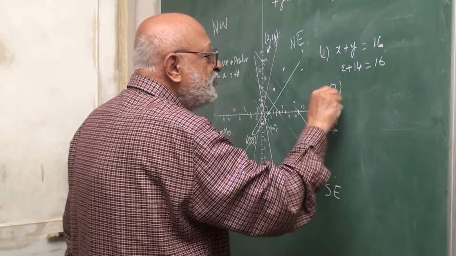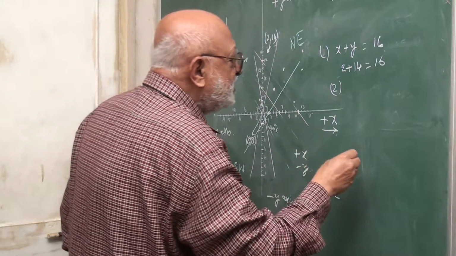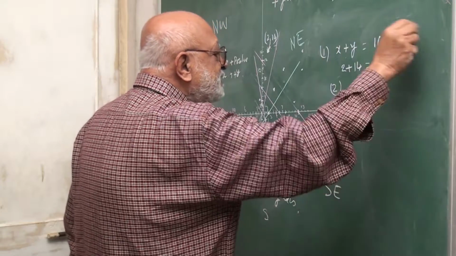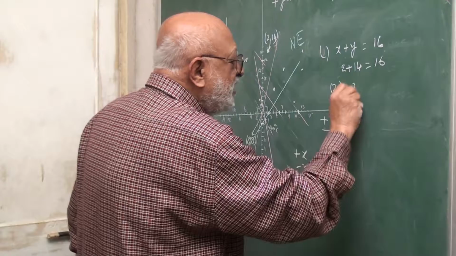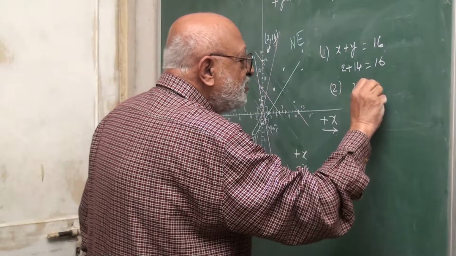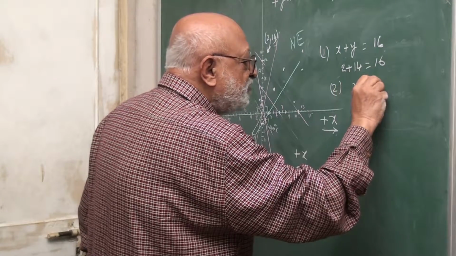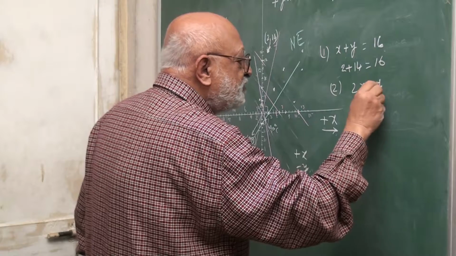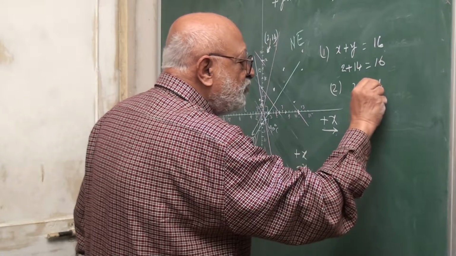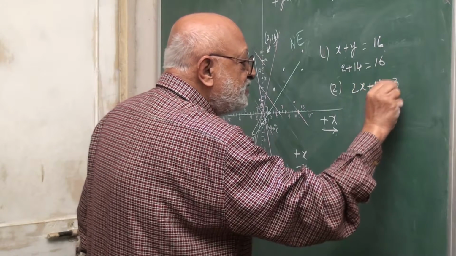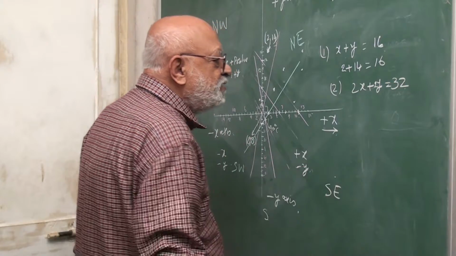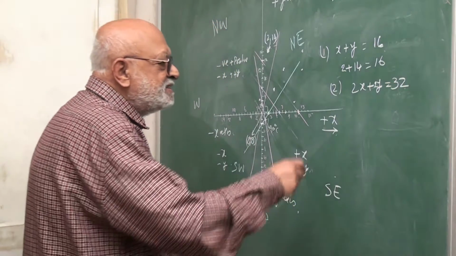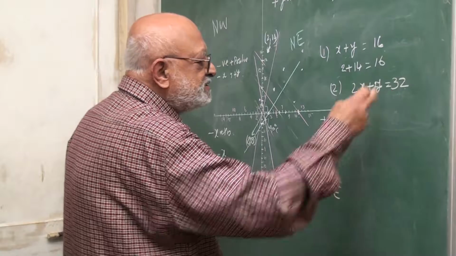Okay, again you can show, you can multiply it by 2. 2x plus 2y equal to 32. Again it will be reduced by the same thing and it will give you 16.